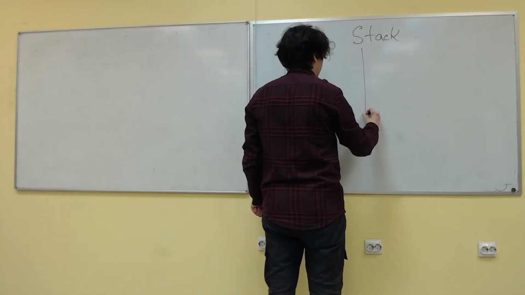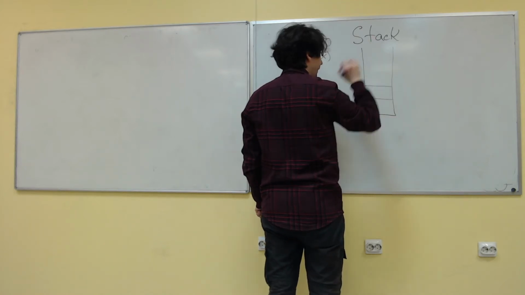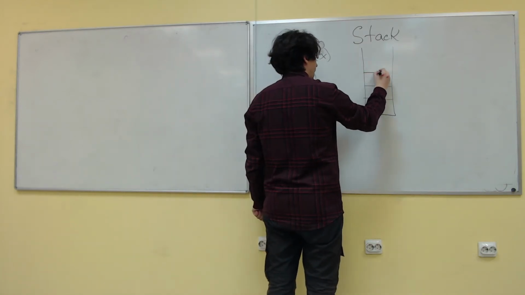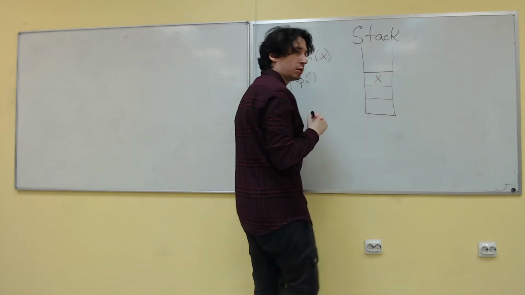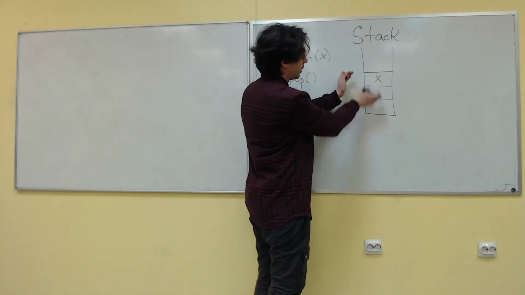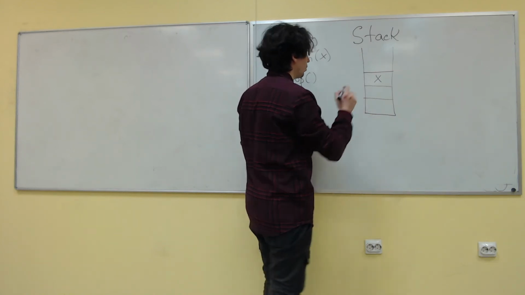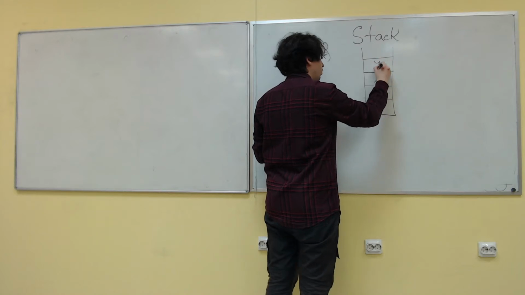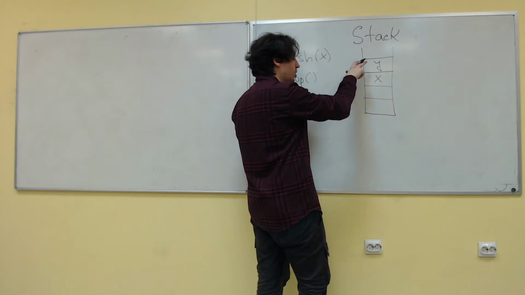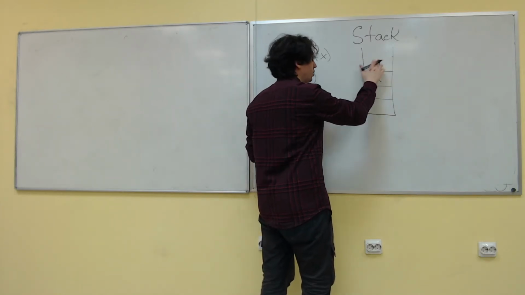We have a huge array that is growing upwards, and push adds an element to the top of the stack of this array. So when you make push X, then push Y, you put them on top of the previous one. And when you make a pop, you take the topmost element and withdraw it and return.